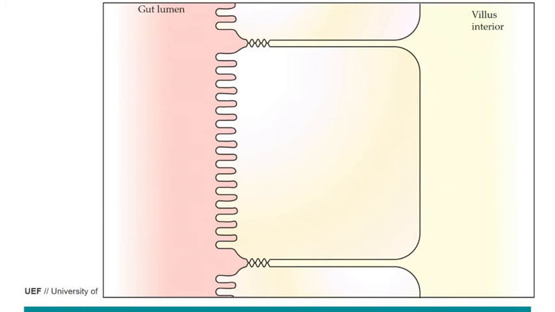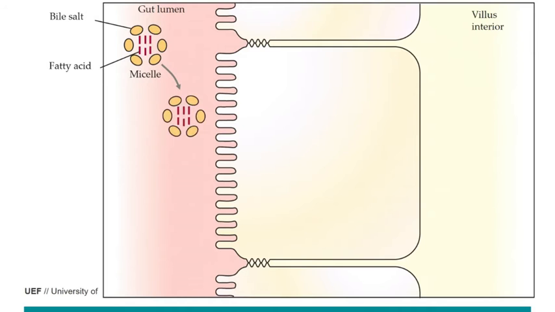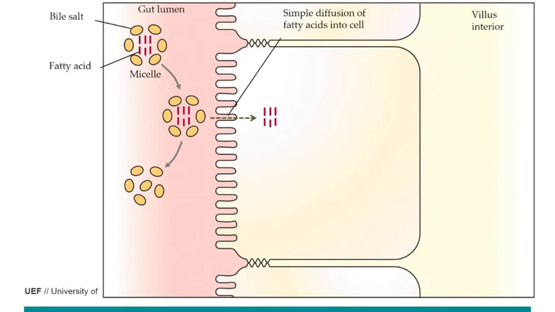Okay, then on the lipids. The fatty acids go into the lumen in these small balls that are surrounded by bile salts. And when these bile salts face the microvilli, they release the fatty acids inside the cells.